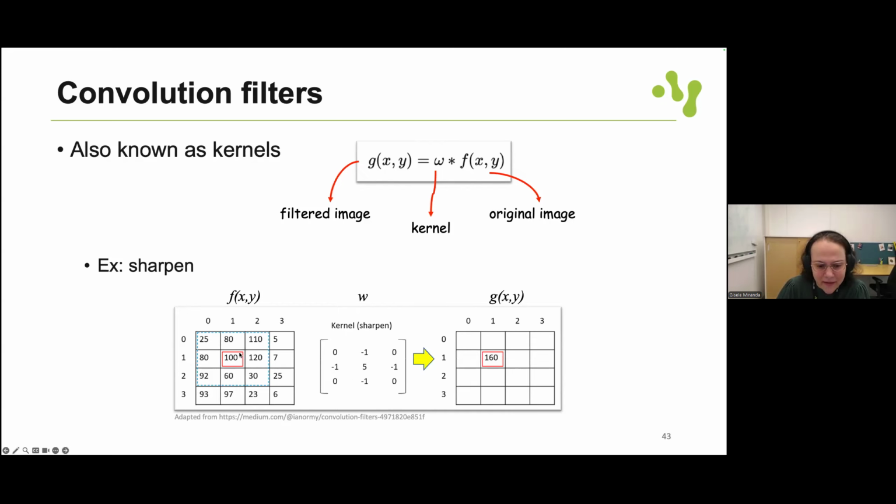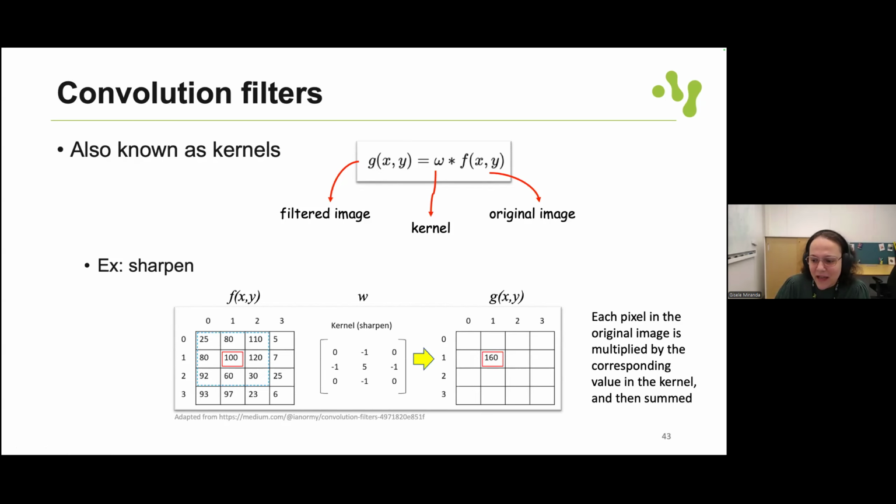So if I take this red highlighted pixel here, I will look into its neighborhood. The size of the neighborhood is also defined by the size of the kernel. Then there are multiplications for each pair of values, and we obtain a final value for this pixel. So for this specific pixel, we are going from 100 to 160. That's the new value.